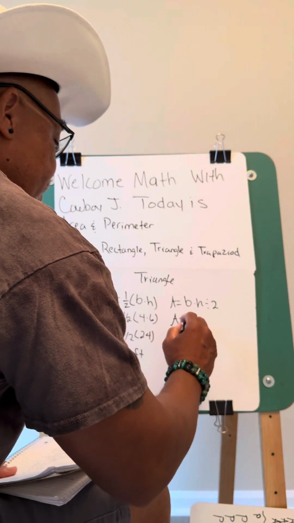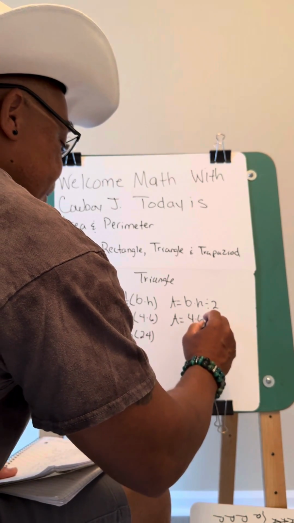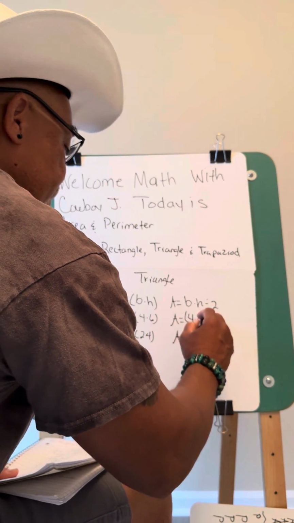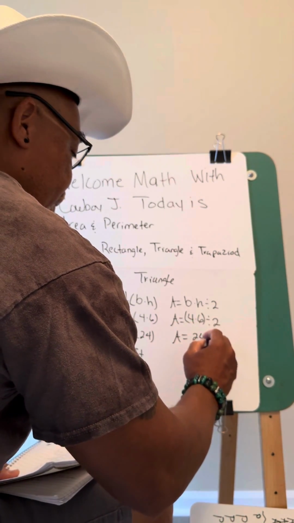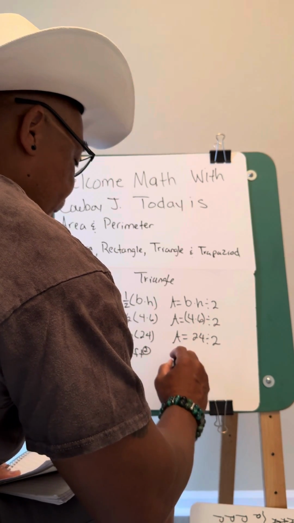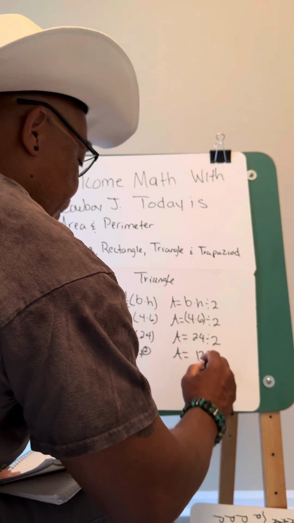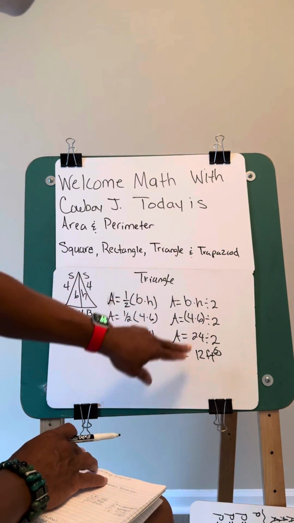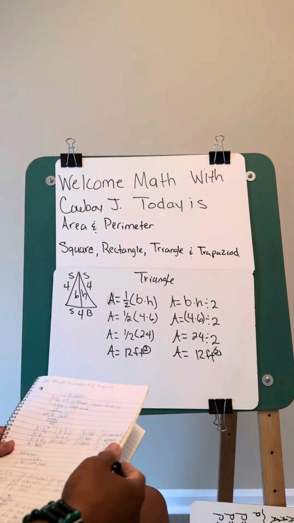So A equals 4 times 6 divided by 2. A equals 24 divided by 2, and remember that's squared. So A equals 12 feet squared. And that was usually easier for my students to put that in the calculator.